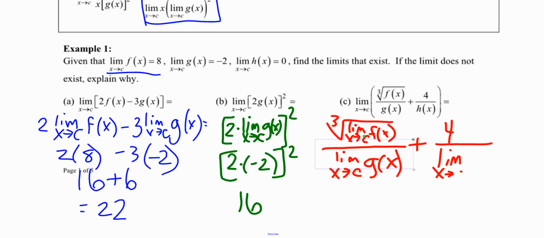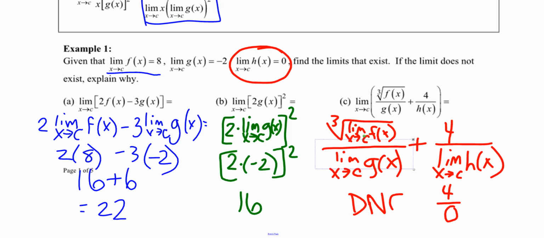I'm not going to write this whole thing out using all of the numbers because I noticed something. The limit of h of x as x approaches c is 0. So for this term, we'd have 4 divided by 0, which doesn't exist. It's not a real number, so the limit does not exist.